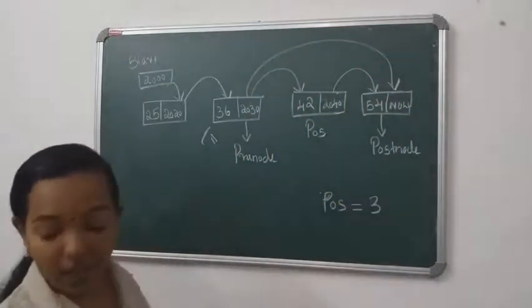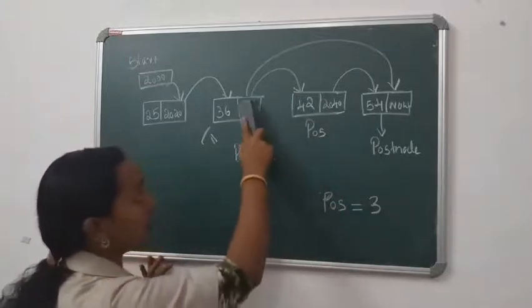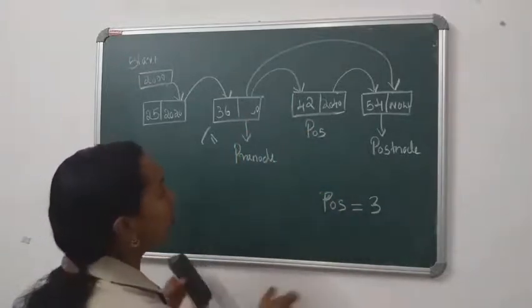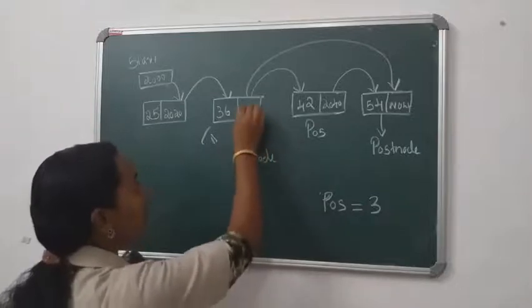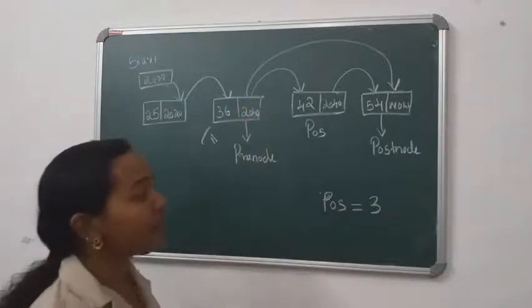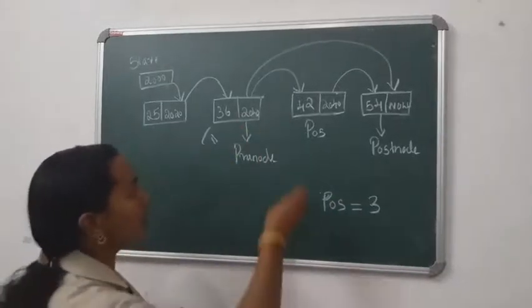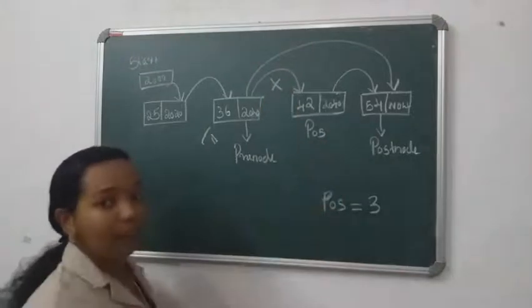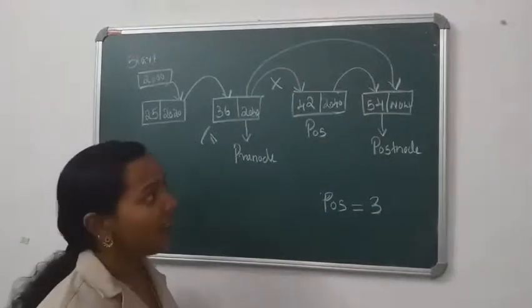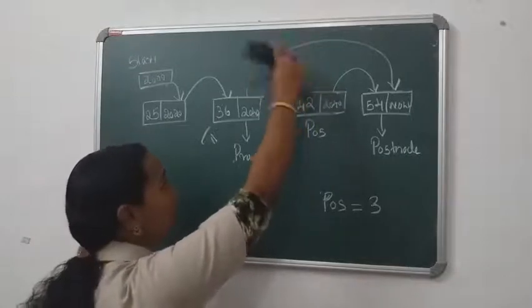How can we execute a connection like this? Now here it is 2030, which indicates 42. Instead of that, what do you want to write? 2040. If we copy the post-node's link part to the first node, automatically this connection will break, and there will be no connection.